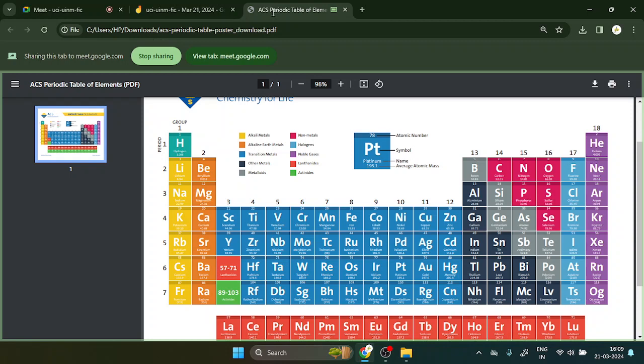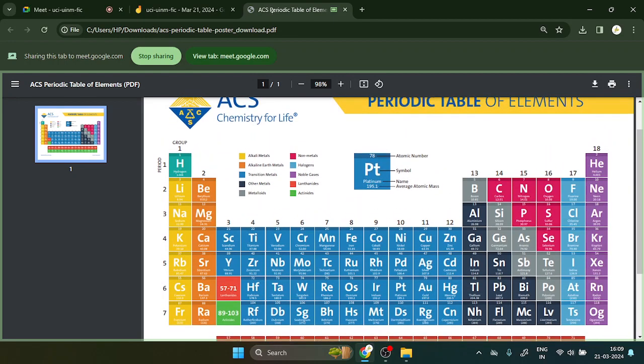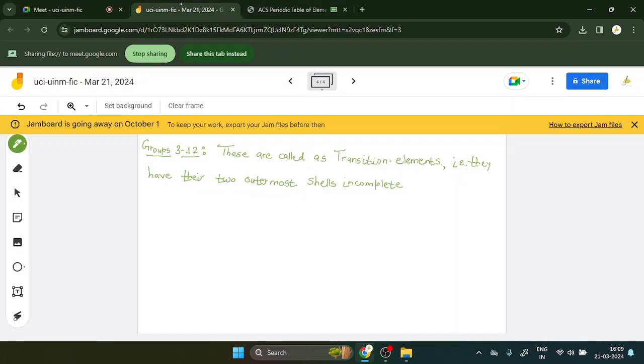After that we have this part from 13 to 18, which comes under the P block. Later we will be discussing why we call them S block, P block, D block and F block.